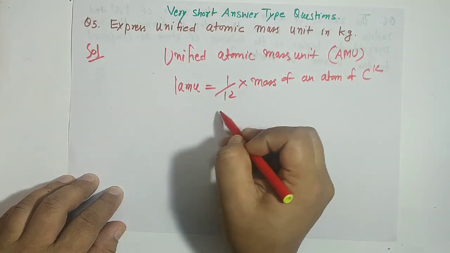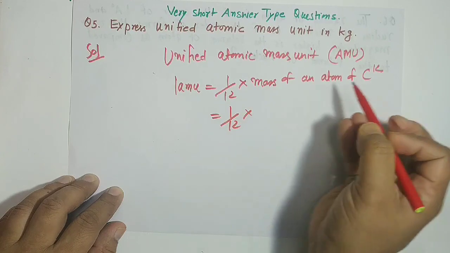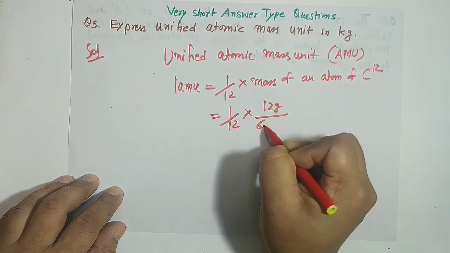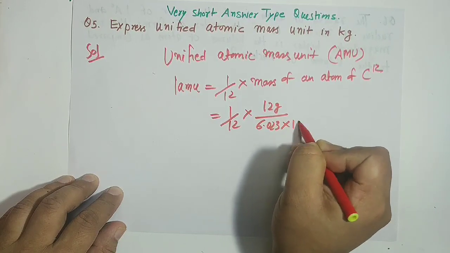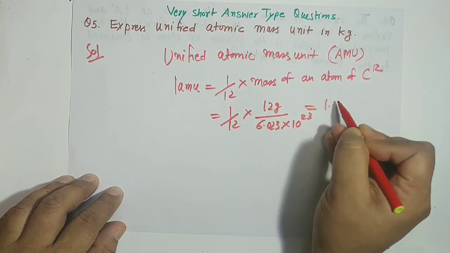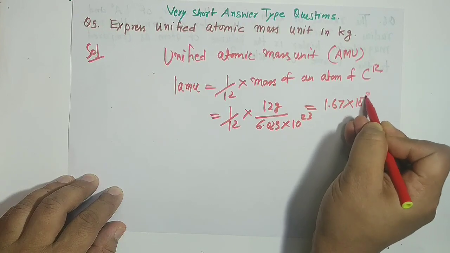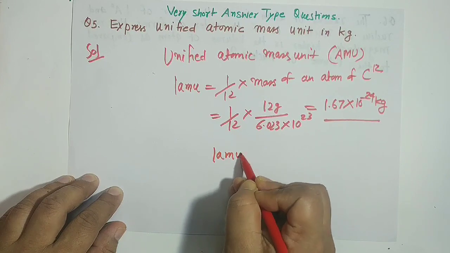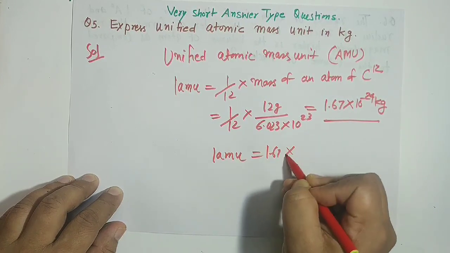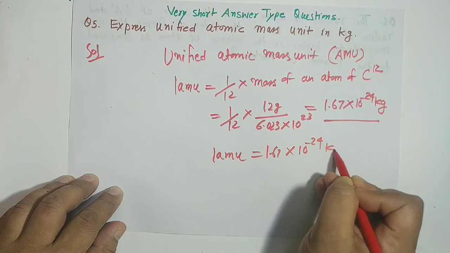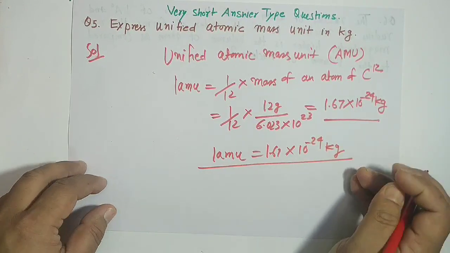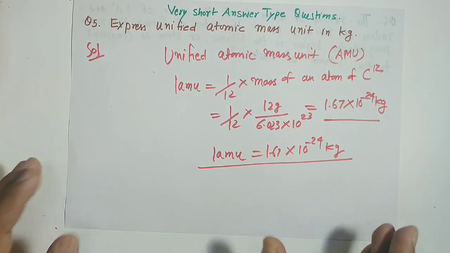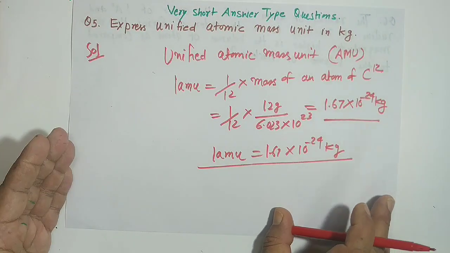So 1 by 12, if I know that carbon 12 has 12 grams, then divided by Avogadro's number, we get 1.67 into 10 to the power minus 24 kg. So this is 1 AMU. This is how we explain one unified atomic mass unit. These are the questions from Exemplar.